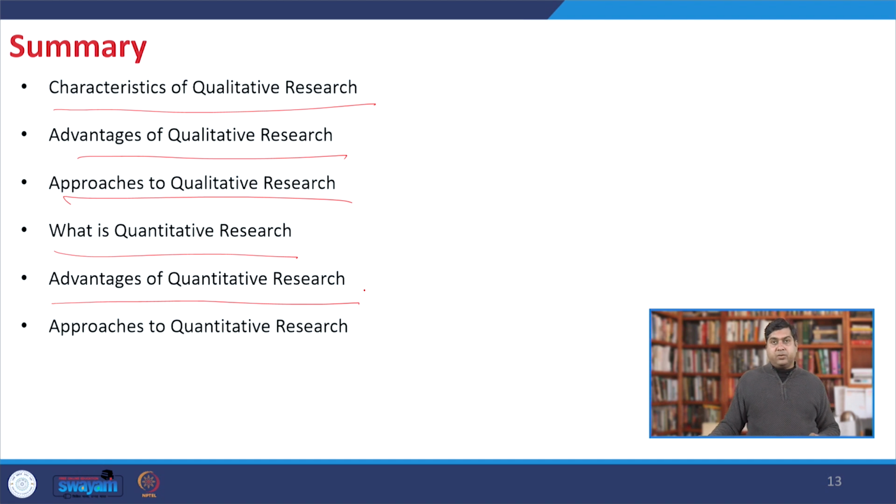Also the different approaches of quantitative research. I hope this brings some clarity to your thought process about which particular method is more applicable for your current work.